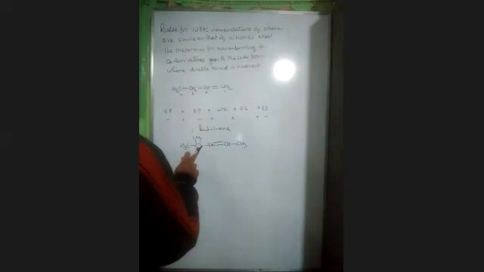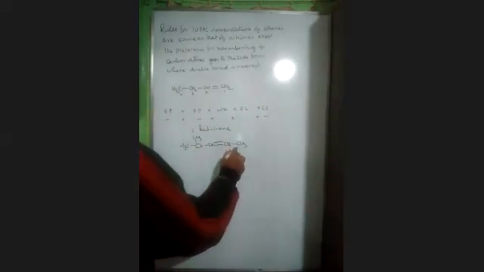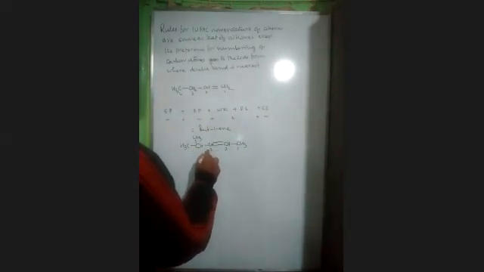So numbering will be done from here, 1, 2, 3, 4, 5, not from the left hand side. So you have methyl on the fourth carbon.